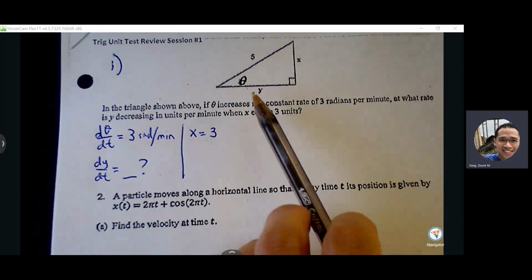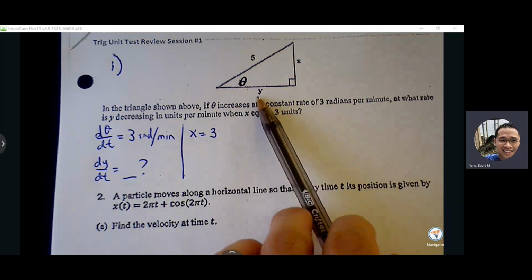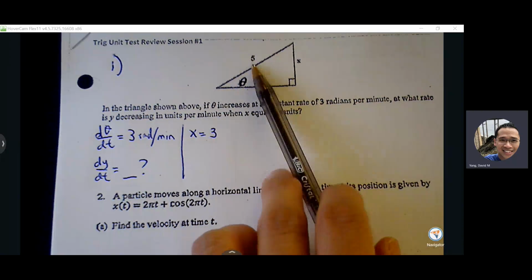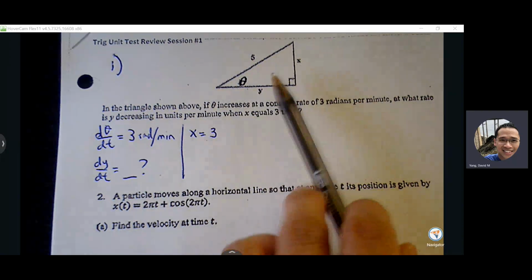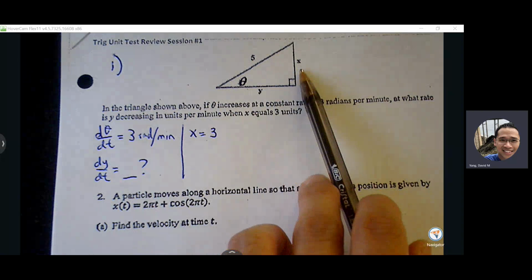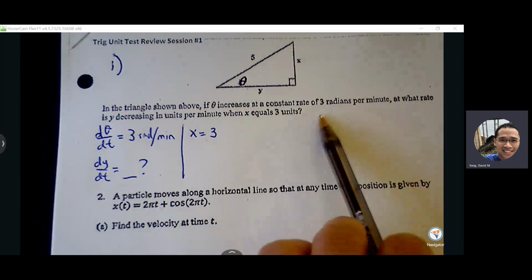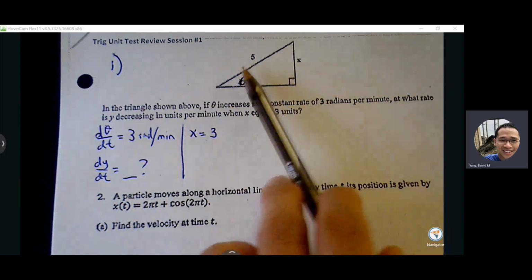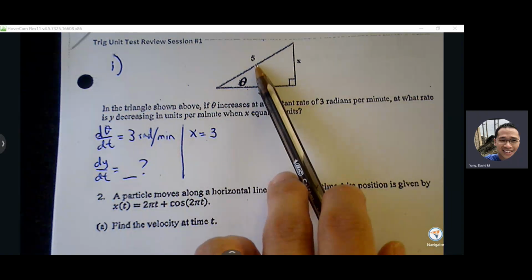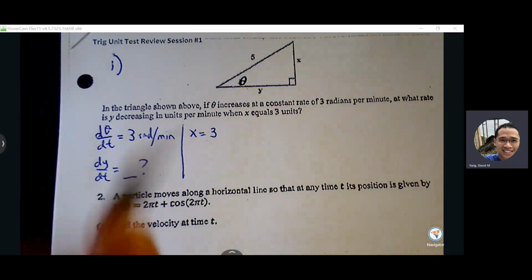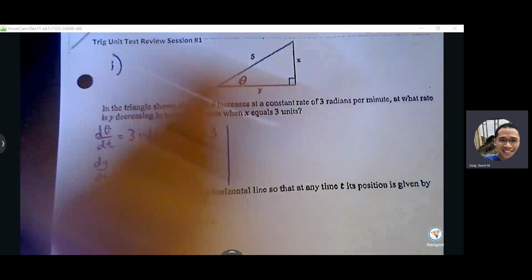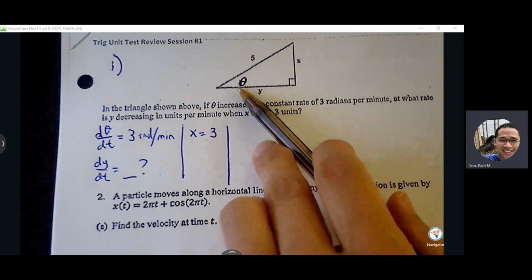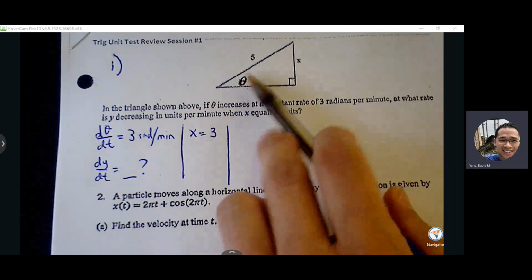Okay, so we're looking for dy dt. So typically we want to involve y, and we're always trying to take advantage of a constant, right? So anytime you see a constant, you want to involve it. We don't want to involve x because we don't have dx dt. So we want to choose a trig function that's going to hit what we're looking for, or something related to what we're looking for, theta and 5.